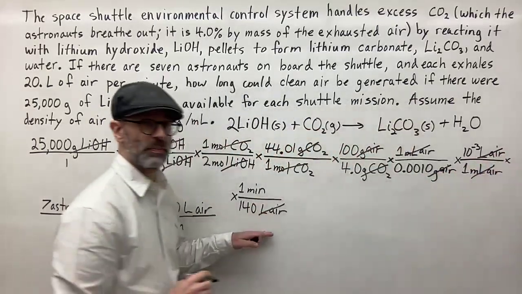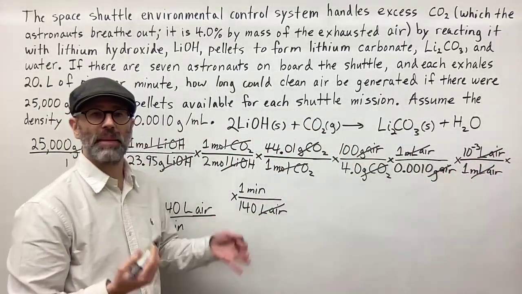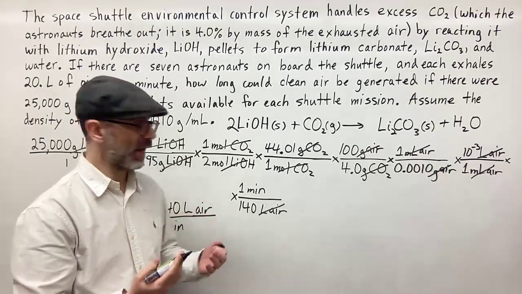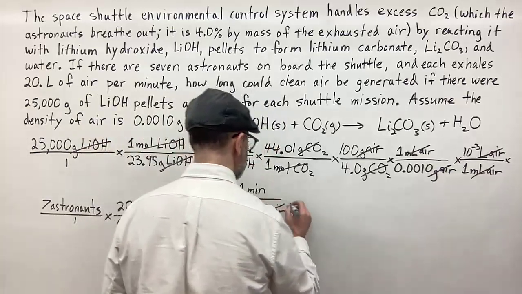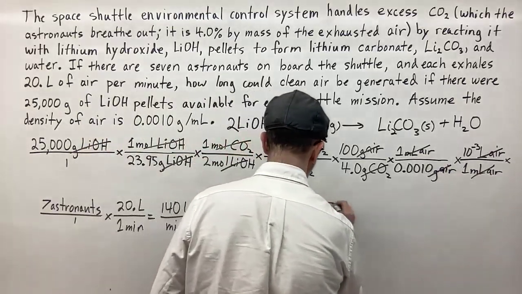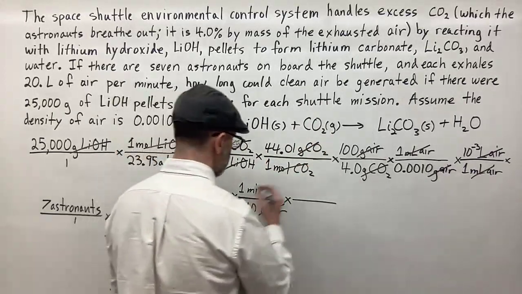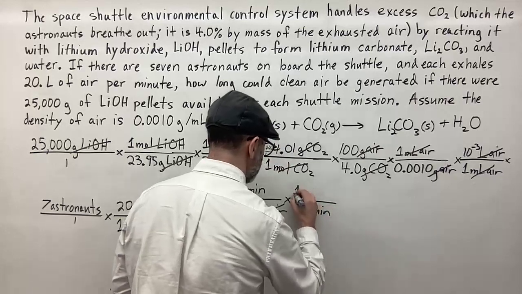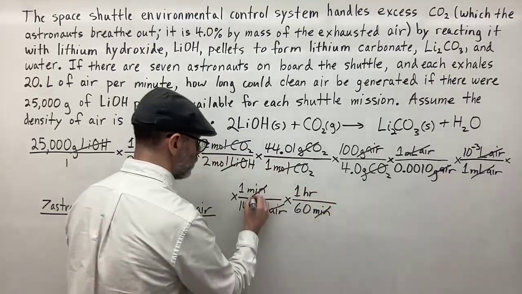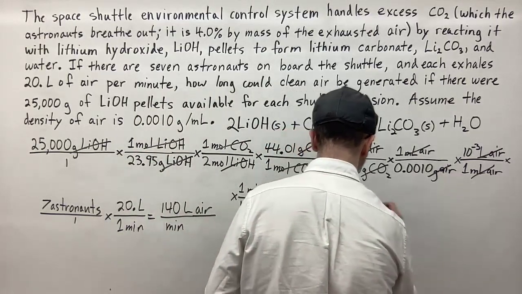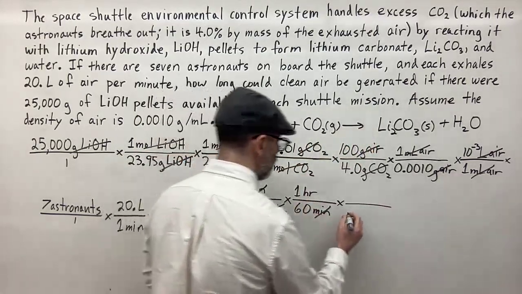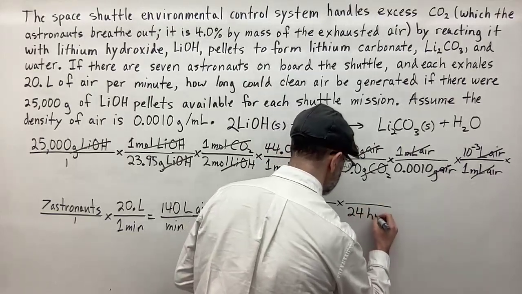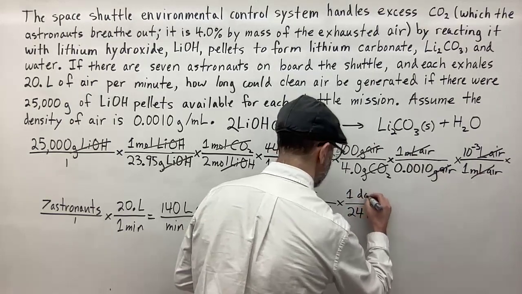And now I have minutes, but minutes isn't really a good measure of the time that the astronauts are out there or the time it takes to clean the air. So I'm going to convert this to days. First I'm going to convert to hours. I know that there are 60 minutes in 1 hour, so minutes cancel out. Now I can convert to days. Hours go on the bottom, and I know there are 24 hours in 1 day.